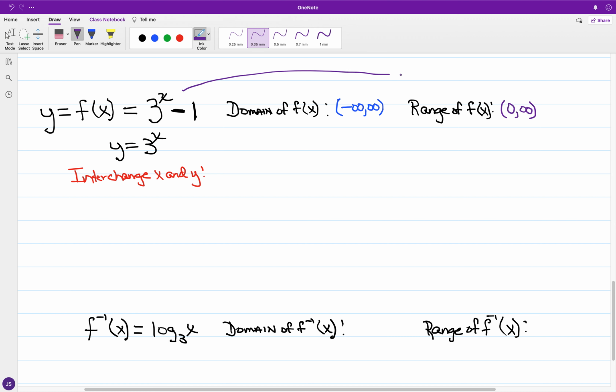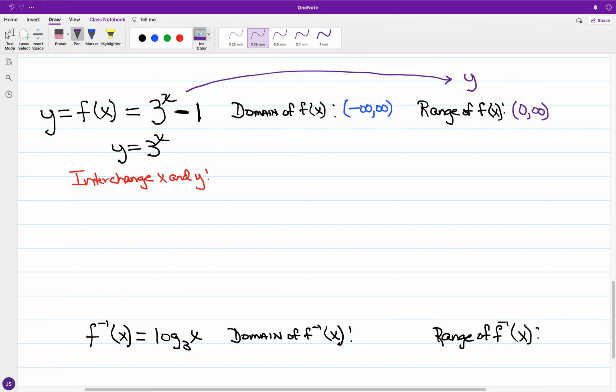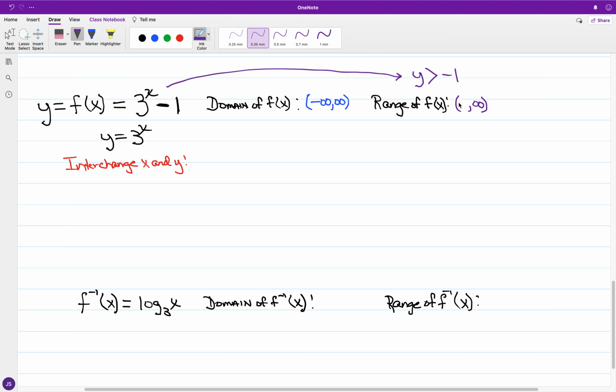So in this particular case, instead of y greater than 0, you have y greater than 0 minus 1. So the range is that y is greater than negative 1. And for the interval notation, you're going to have parentheses this time around, negative 1 and infinity. And so just looking at what we have now, y is equal to 3 to the x minus 1.